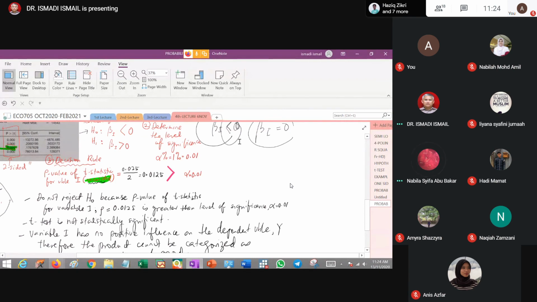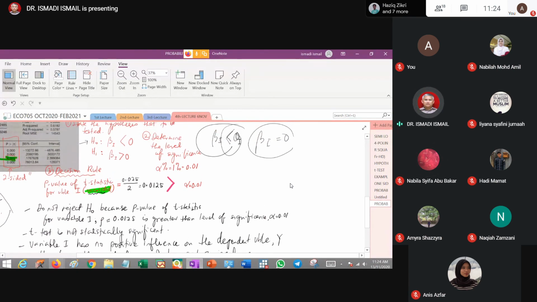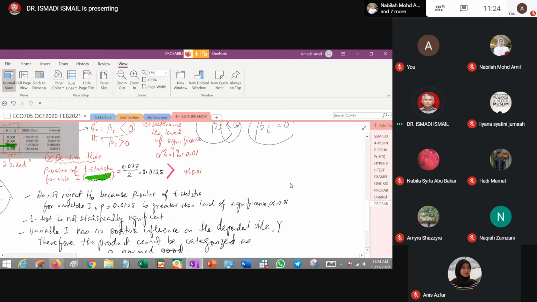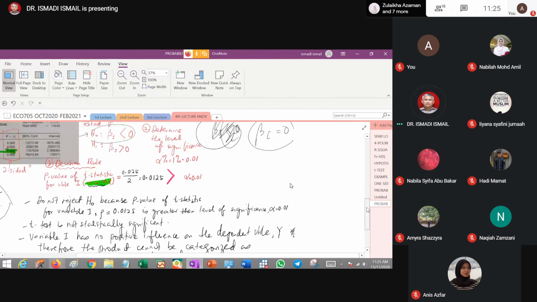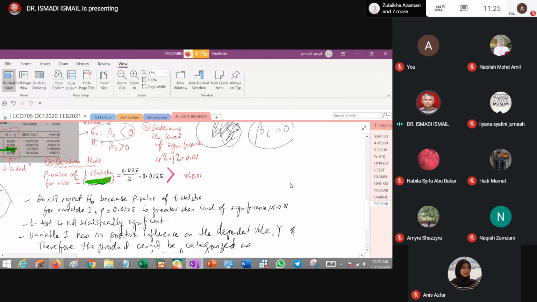Yes, doctor. So in this case, if we specify our null hypothesis like this and you miss the word positive here, therefore "has no influence" is totally wrong. Unless you specify beta I is equal to 0. Then missing the word positive won't affect the continuity of your answer. It is consistent.